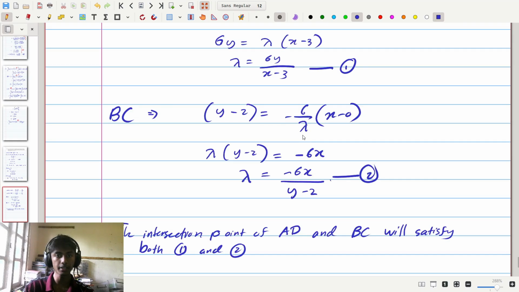Now according to that, if we consider these two to be both true at the same time, lambda is equal to this and it's also equal to this, and therefore both of these values must be equal to each other.